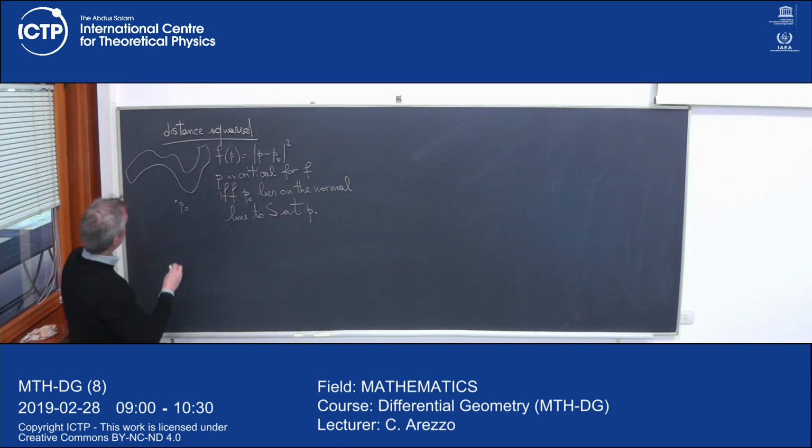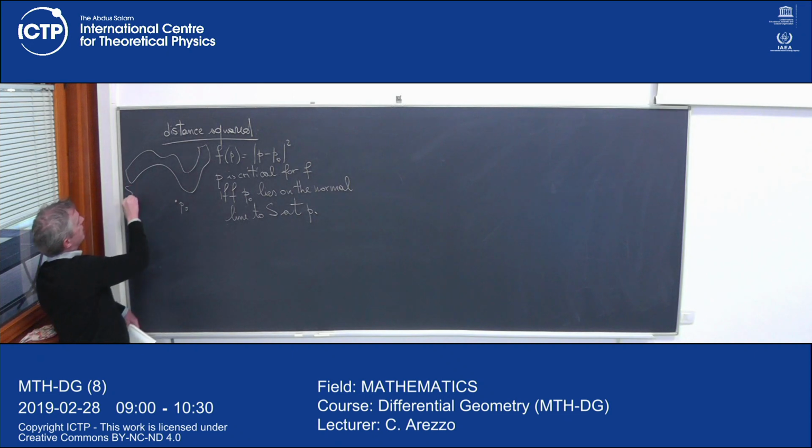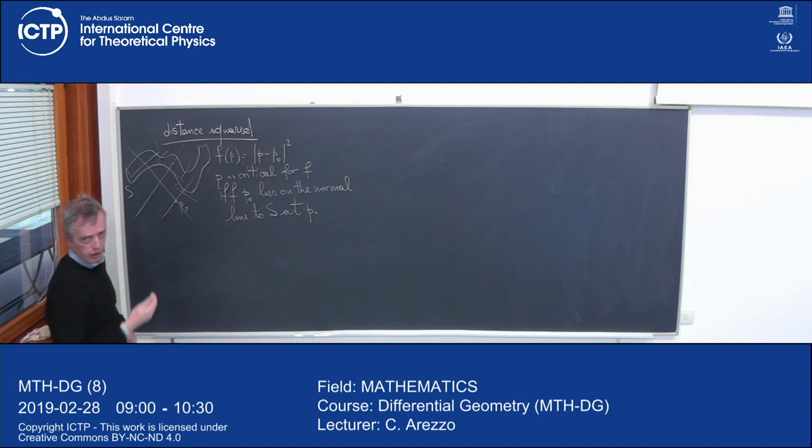Now, I take this surface S, so where could it be? For example, I know that this point is for sure not a critical point for the distance square, because you imagine the tangent space, so you imagine the normal line, and clearly this has nothing to do with the point P naught. Okay? So presumably there will be something interesting here, there could be in my picture, and maybe there is also something interesting here in my picture. Okay?